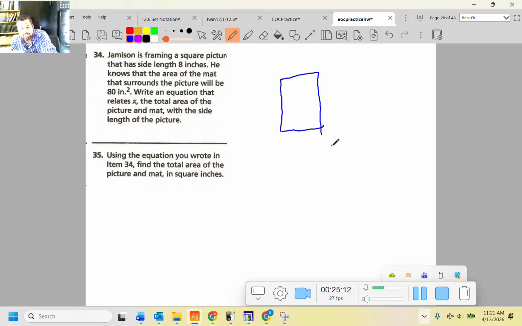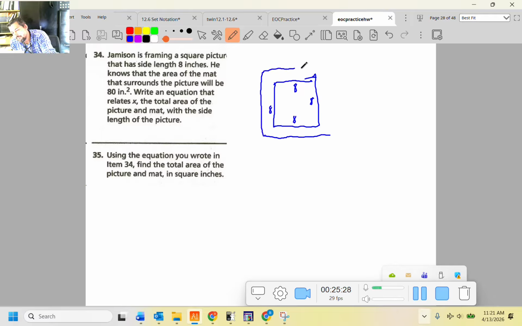Let's see, we have a square picture, and I drew a rectangle, didn't I? I need a square, and it's 8 on all 4 sides. Now, I add something to it, a border. What I know is that the area of the border is going to be 80 square inches.